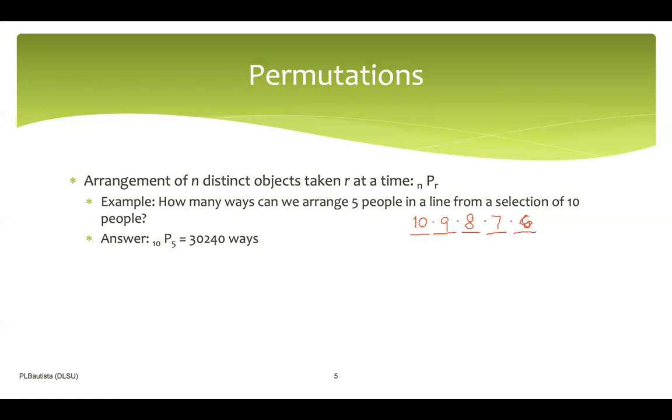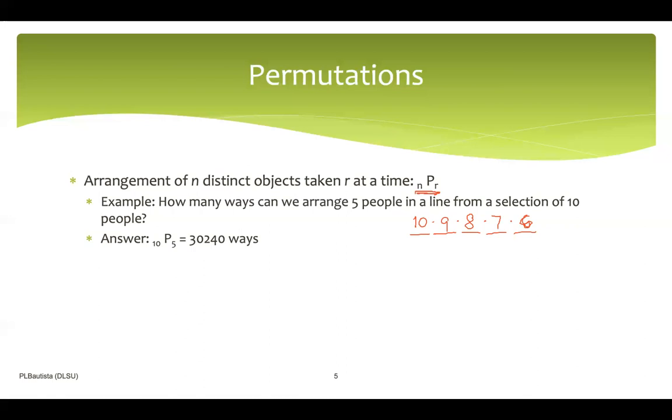Now, this particular product, this is actually what we mean by the symbol nPr, right? Or n permutation r. And in this particular example, you have 10P5, which means you have 10 people to choose from, and you permute 5 of them. Okay, so you have 10P5, and that is the same as 30,240 ways.